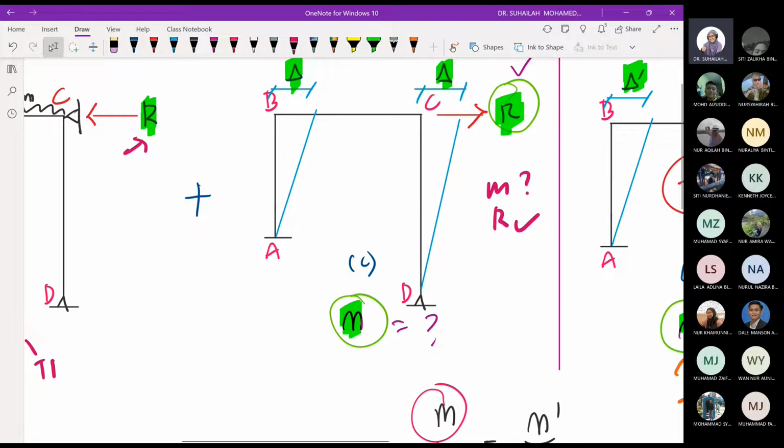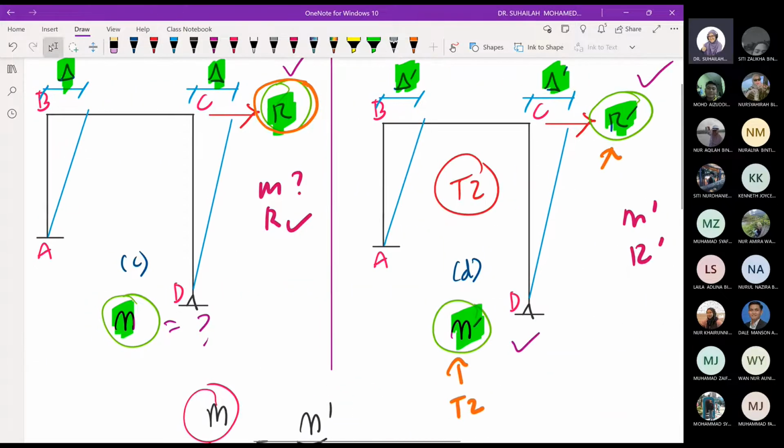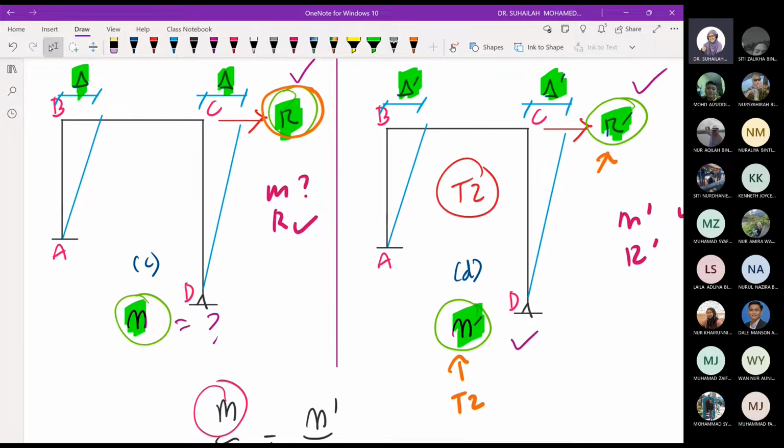These will be used in diagram C. So what we need to do is compare M and R under diagram C with M prime and R prime under diagram D. We can make an interpolation, and write the relationship between them.